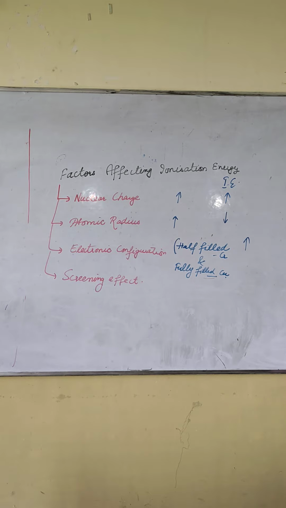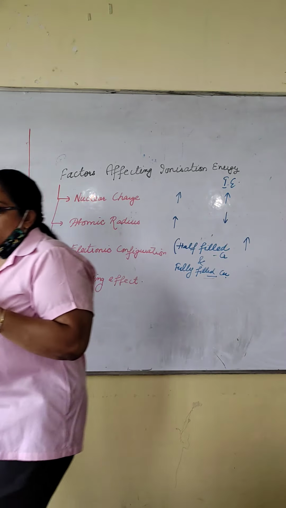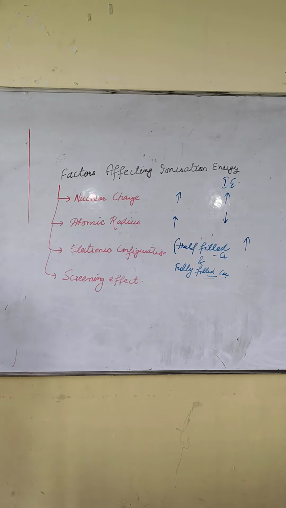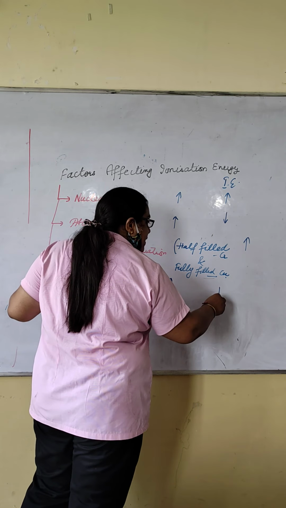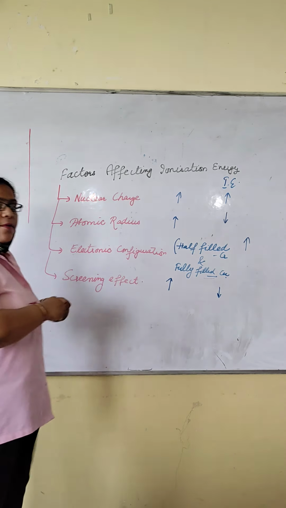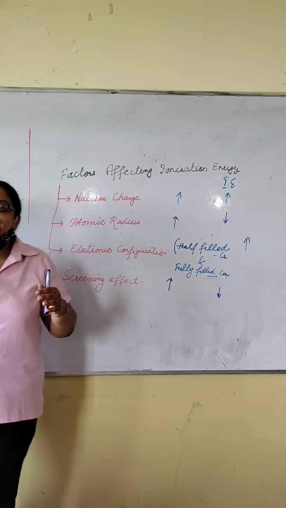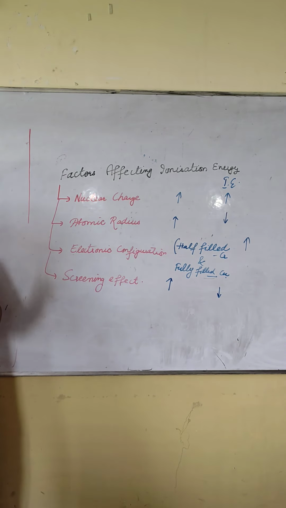Fine. Last is your screening effect. My dear students, if screening effect is more, ionization energy will be less. Because if more electrons screen the outer electron, then the actual charge experienced by the last electron is less than the expected value.